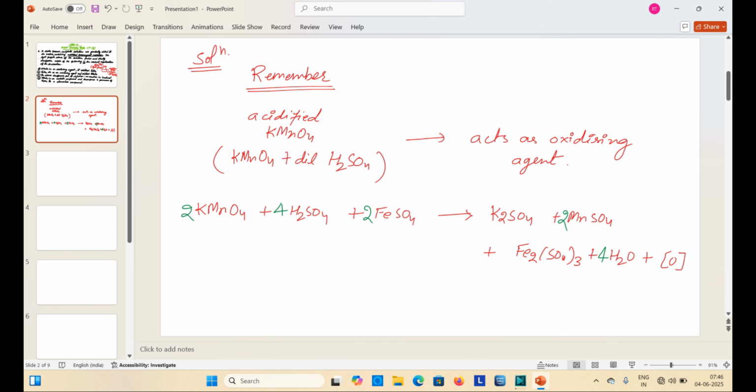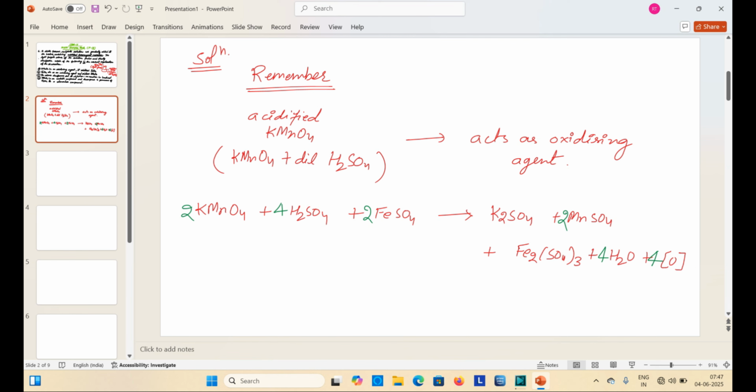Now calculate this: 4 times 2 is 8, 4 times 4 is 16, 8 and 16 is 24, and this 4 times 2 is 8, 32. On the other side 4 oxygen, 8, 12, 24, 28, 32. Easily you can say there are 8 hydrogens here, so the reaction is balanced.